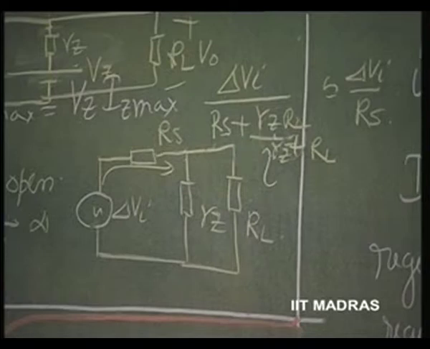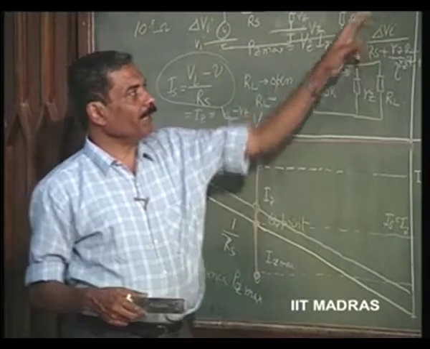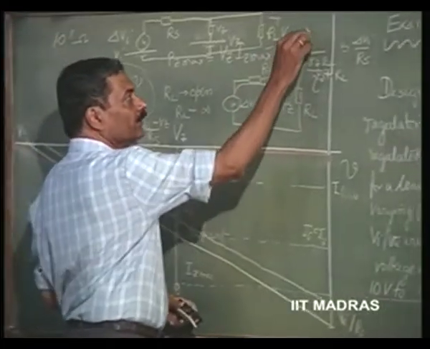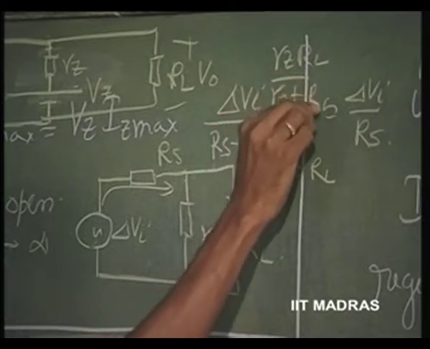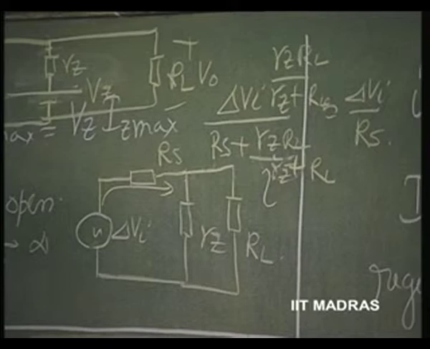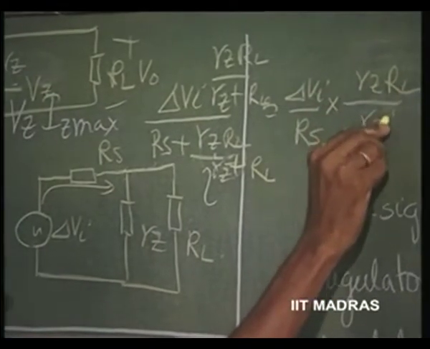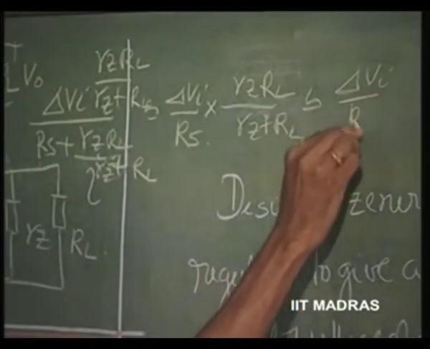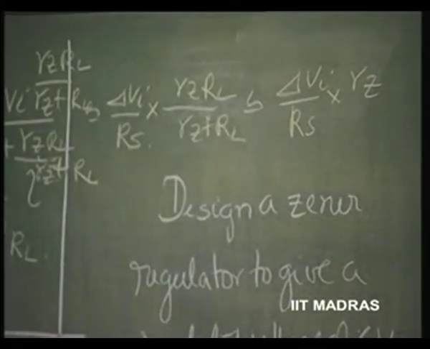Now, what is the change in voltage at the output, I would like to know. That can be evaluated by multiplying this current by the effective resistance here, which means this into Rz RL divided by Rz plus RL. So, we can say that this is delta Vi by Rs into Rz RL by Rz plus RL, or essentially approximately equal to delta Vi by Rs into Rz, because Rz parallel RL is Rz itself.